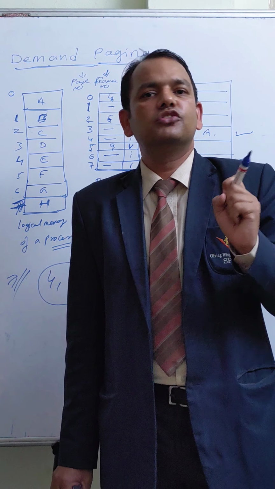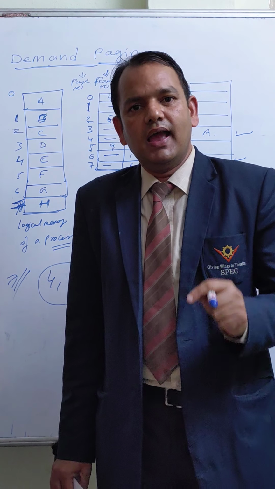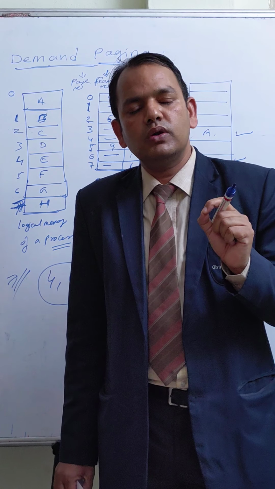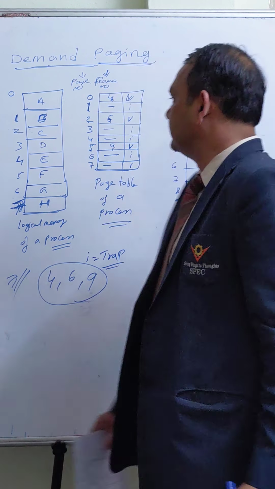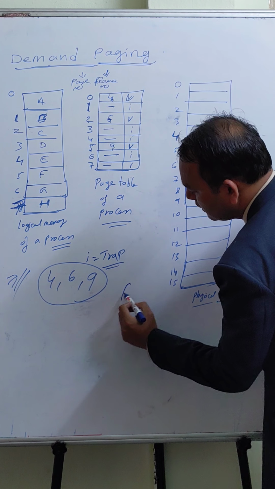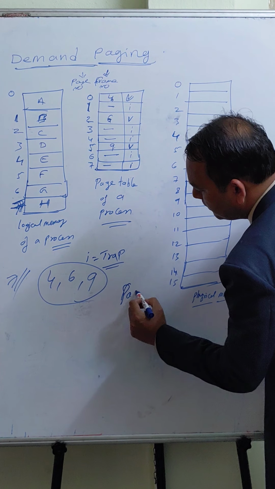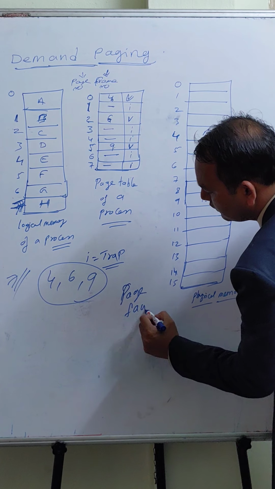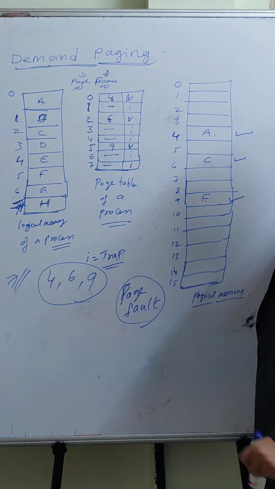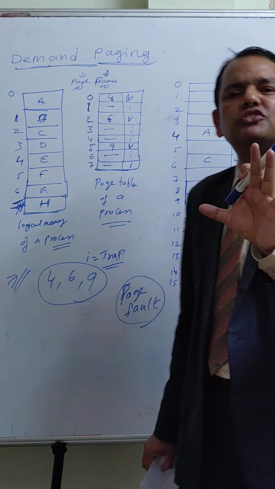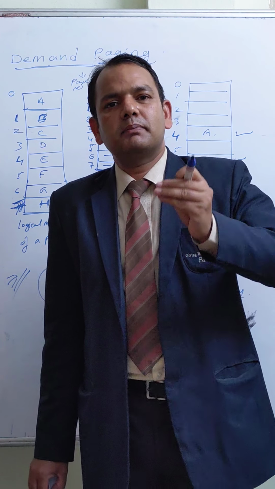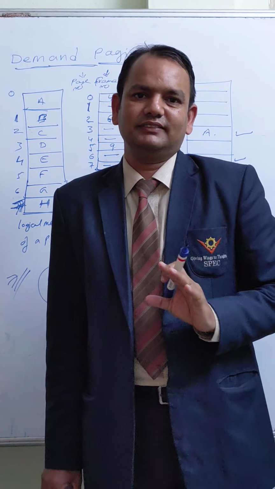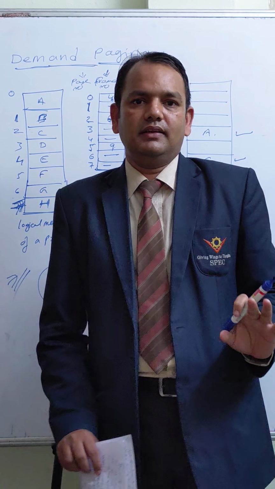Whenever a process wants to execute a particular page and that page is not found in the main memory, that is called a page fault. If a page fault occurs, the process stops execution. Until it gets that particular page, it cannot proceed further, so it will be halted.